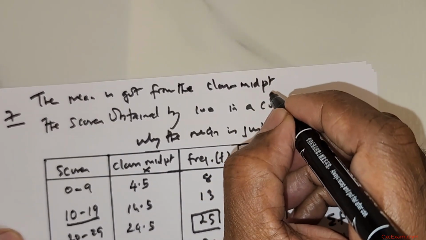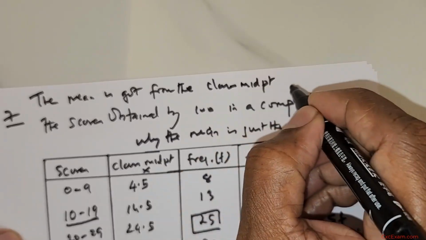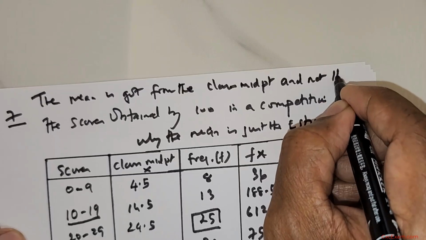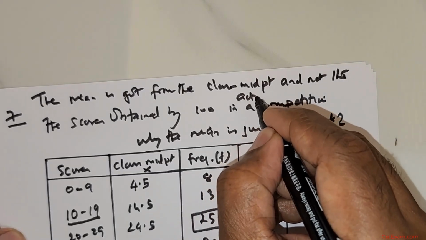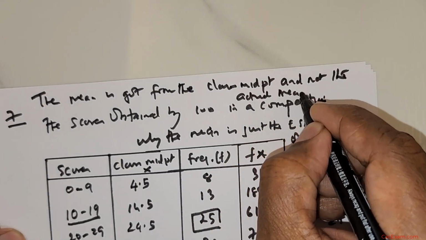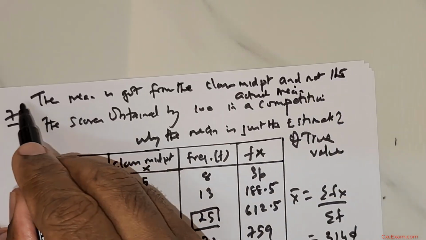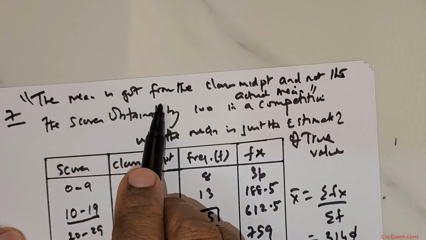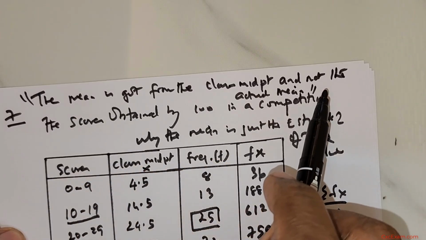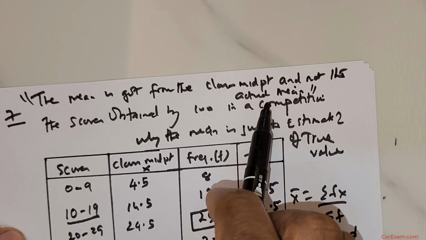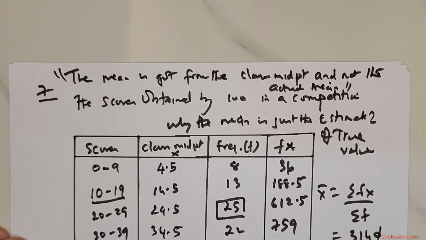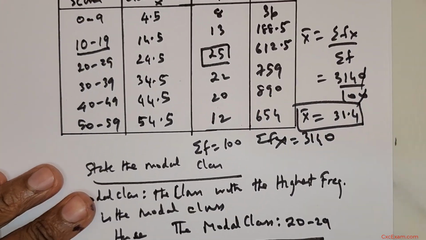Anything will go. In this case just say class midpoint and not the actual mean. So that is the reason the mean is just the estimate. Okay, so move on to the next one.